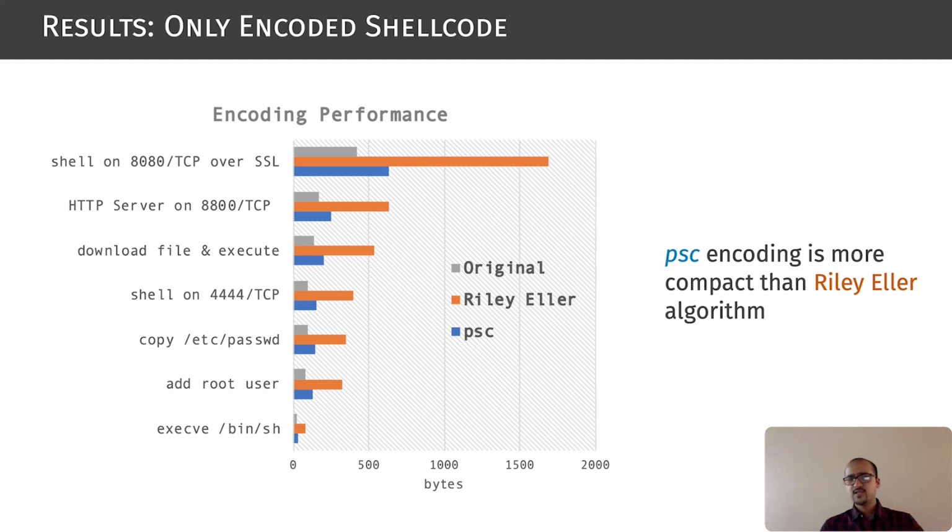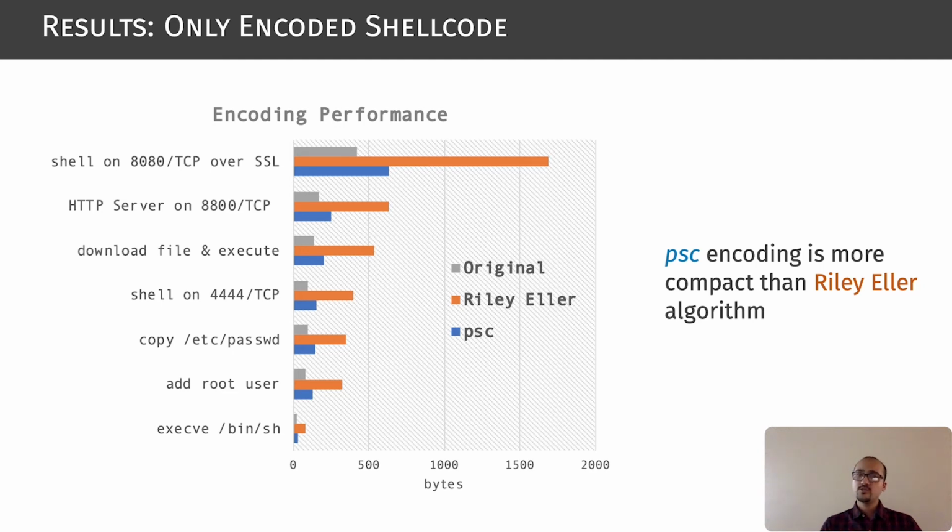The shellcodes are listed on the left hand side, and the gray bars show the original sizes of the shellcodes. As you can see, the colored bars are the encoded regions, and they are always bigger than the original sizes. All these algorithms do have a size expansion.